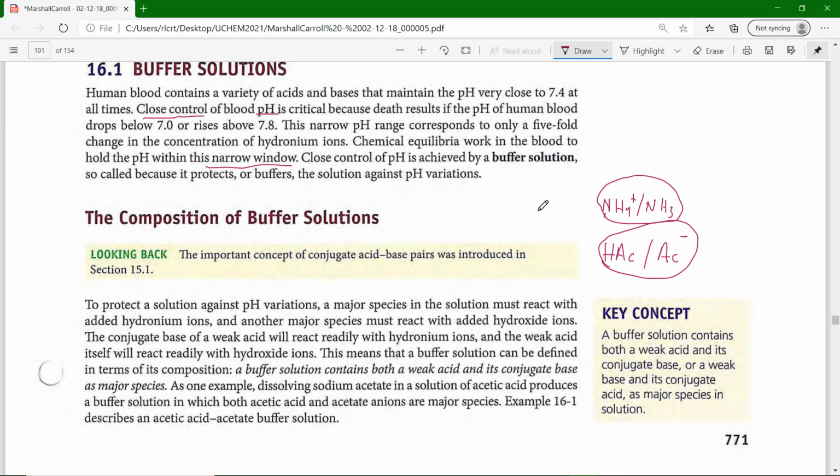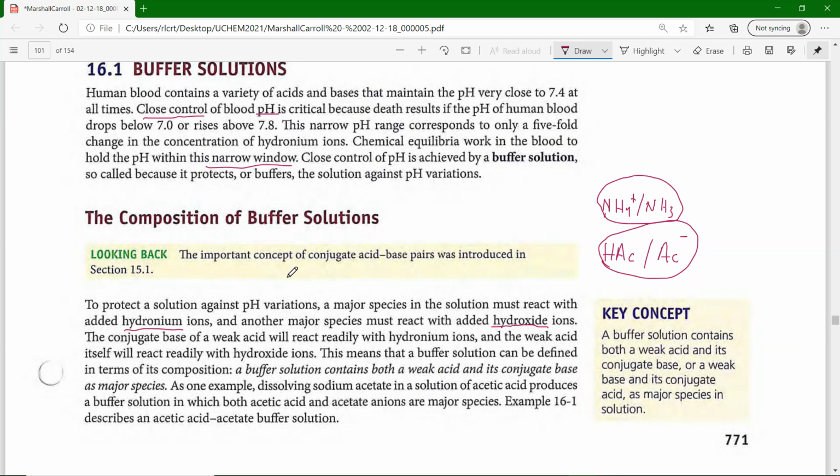So the reason why we need two parts is because you need two lines of defense. A solution has to react if you have hydronium ions coming in. So that would be a base. The base part of the buffer would react to try to consume incoming hydronium ions. And you also have to have an acid line of defense to counteract incoming bases.